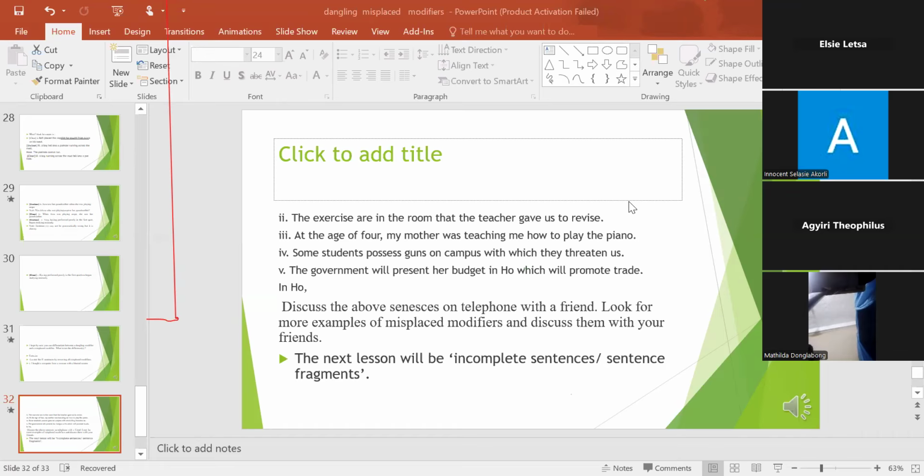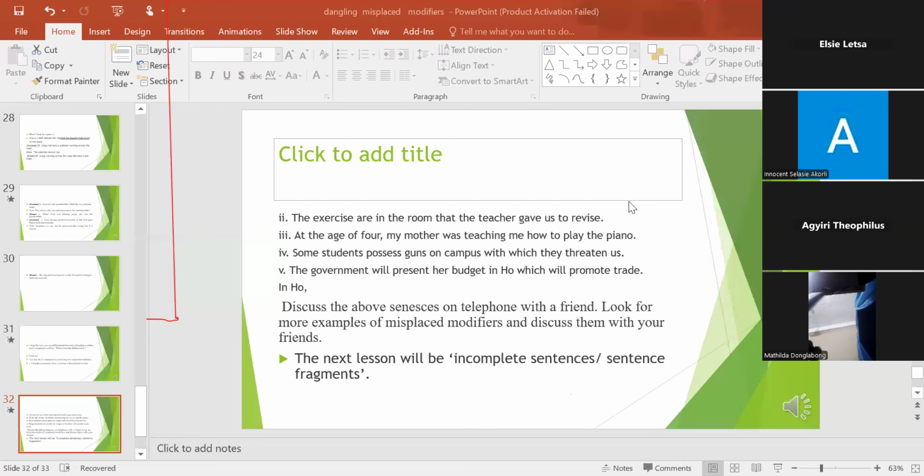How do you know? Because they said guns on campus with which they threaten us. So the campus is directly threatening us instead of the guns. How do you know that from the construction? How are you able to know this?